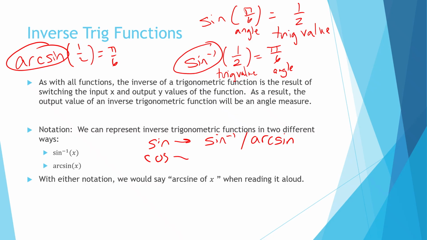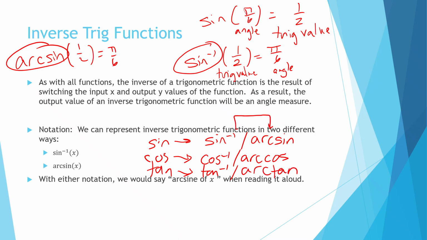For cosine, the inverse of that will be inverse cosine or arc cosine. And then for tangent, the inverse of this would be inverse tangent or arctan. Right? So the difference between these two is none. You will see them used interchangeably in problems, so be prepared to work with both different types there.